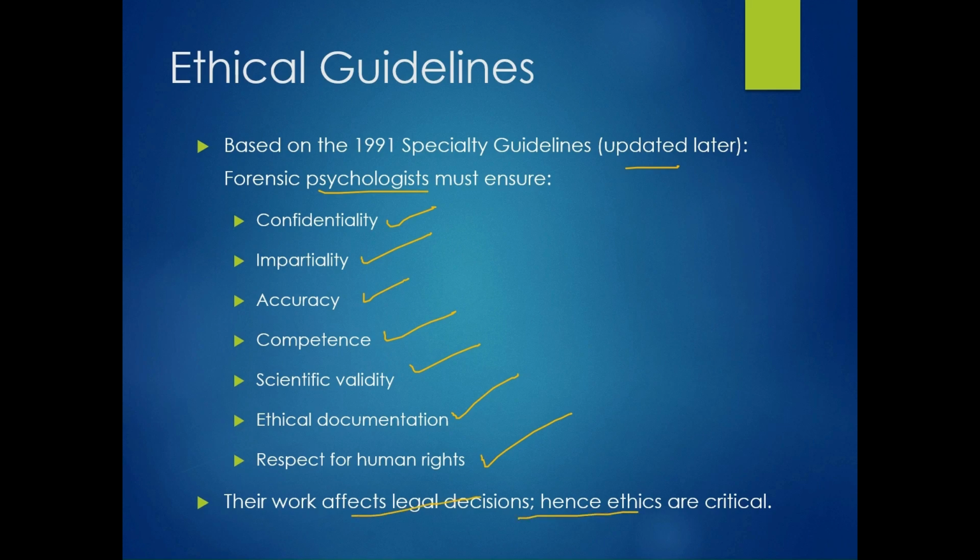Hence, ethics is very critical. Ethics is otherwise also extremely important here because the psychologist's decisions and testimony will impact someone's freedom and life. So, they must ensure all of this: confidentiality, accurate assessment, impartiality, scientific validity, and respect for human rights, because a wrong assessment can ruin someone's life.